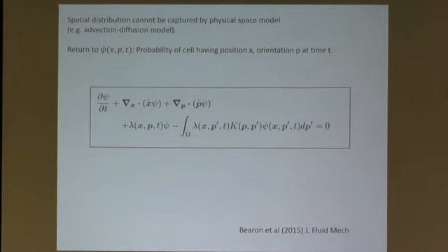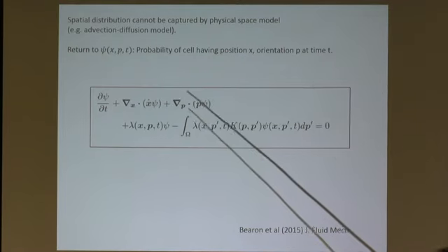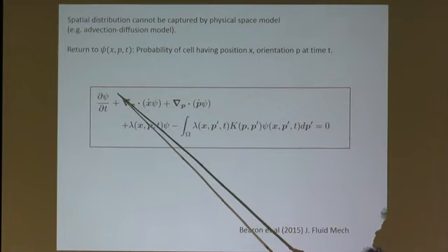As I said, the spatial distribution that was observed, assuming it's the equilibrium steady state distribution, can't be explained by a simple advection diffusion model. So what I wanted to do was return to this probability distribution function psi.